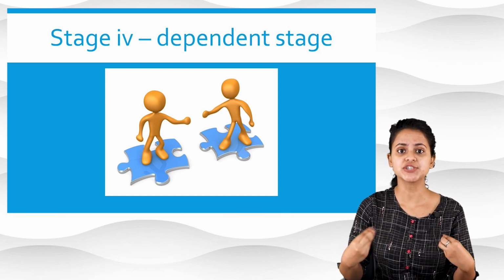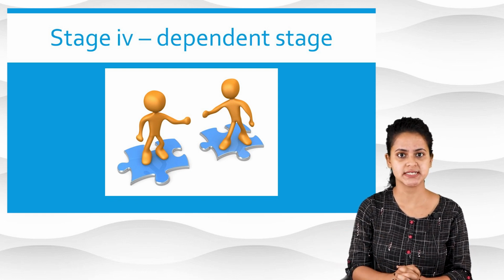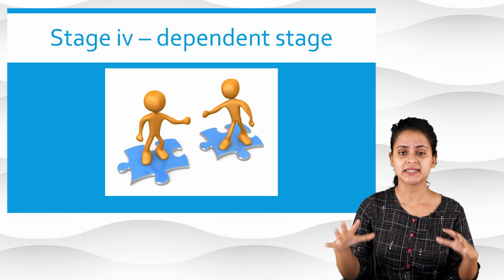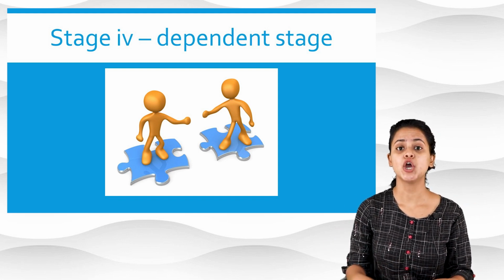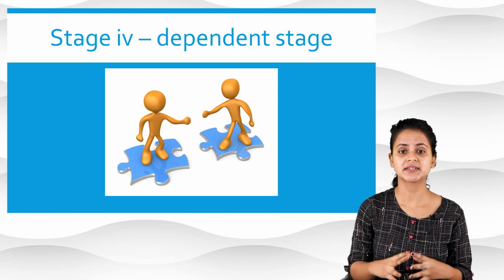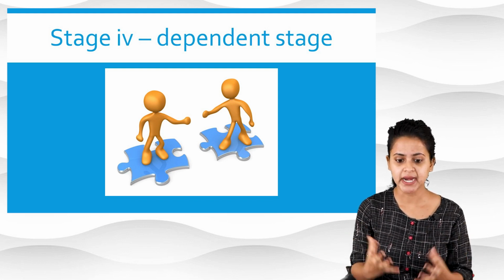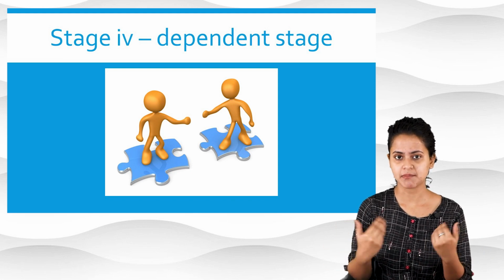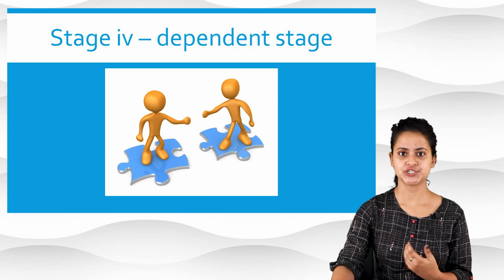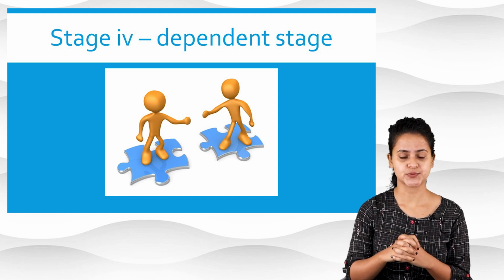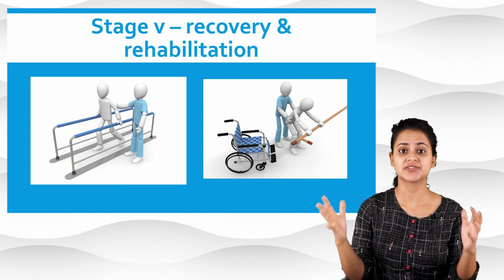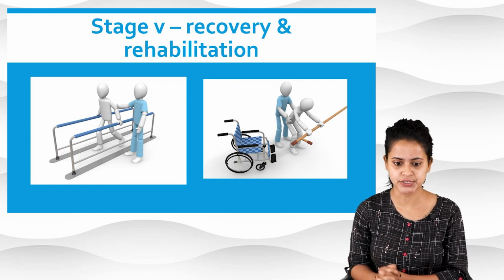They will be trying to understand the nature of the disease, and here the client becomes dependent on the healthcare professionals to get the treatment done. At this stage, definitely the client will be expecting care, sympathy and empathy, and protection from complication development or disease progression.